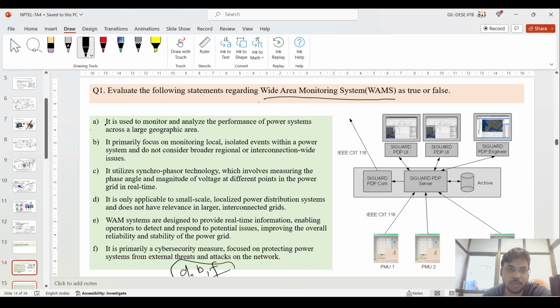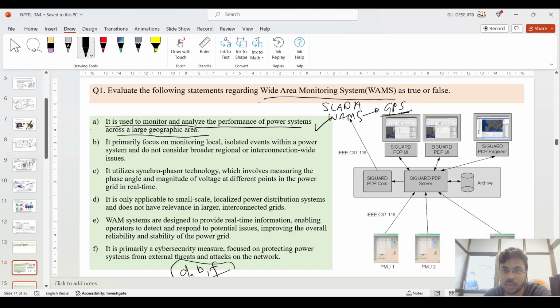Okay. Coming to the solution part of this wide area monitoring system, let's read the first statement. The first statement says that it is used to monitor and analyze the performance of power system across a large geographical area. That is true. Why true? There are two kinds of systems given in the module, the SCADA system and the WAM system. WAM, from the name itself, is wide area monitoring.